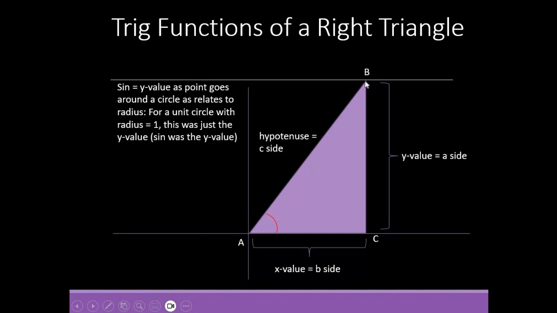And this is our point, this B. So as this point goes around the circle, sine is the y value of that point as it goes around with relation to the radius. Well, in a unit circle, this radius is 1, but with this triangle, our hypotenuse is not going to be 1. It's going to be whatever value this C side has.